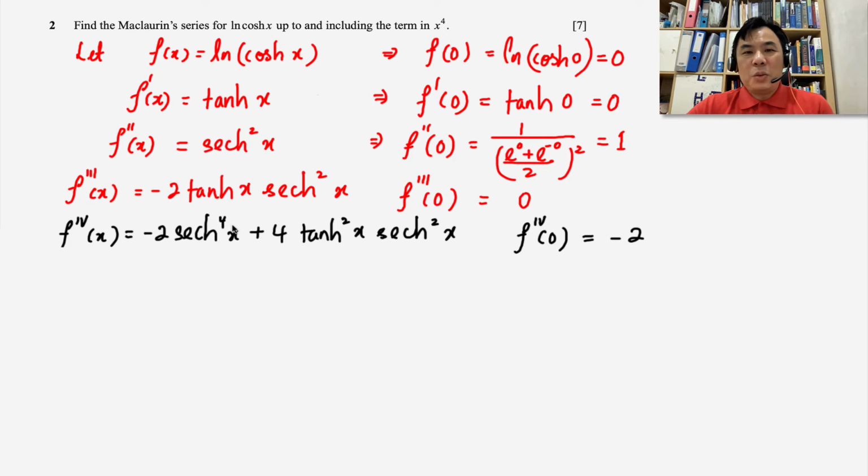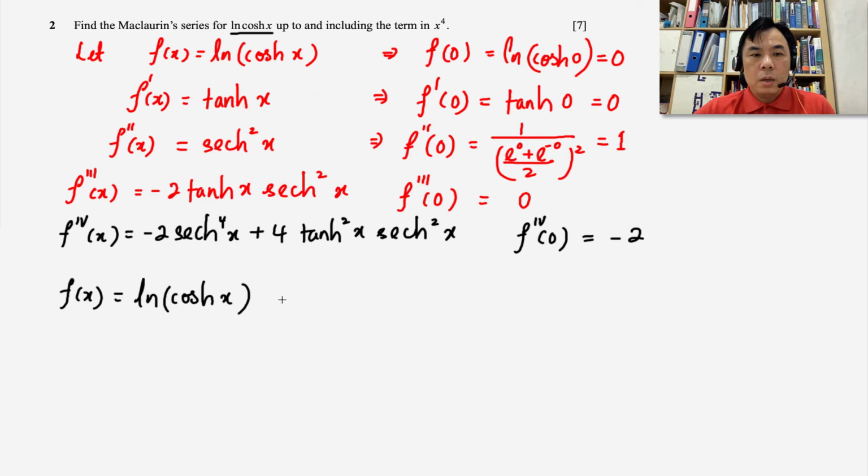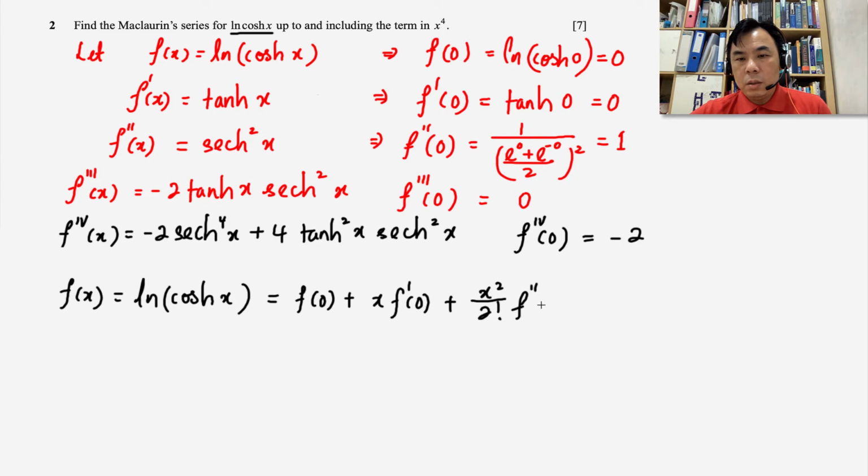All right, the last section, which is the conclusion. Now, as a conclusion, we can always write down this f(x), which is the original function here, ln cosh x, using the Taylor-Maclaurin form, as f(0) here, and then we have the x f'(0), and then you have your second, and then after that you have the third one, and then we have the fourth term.